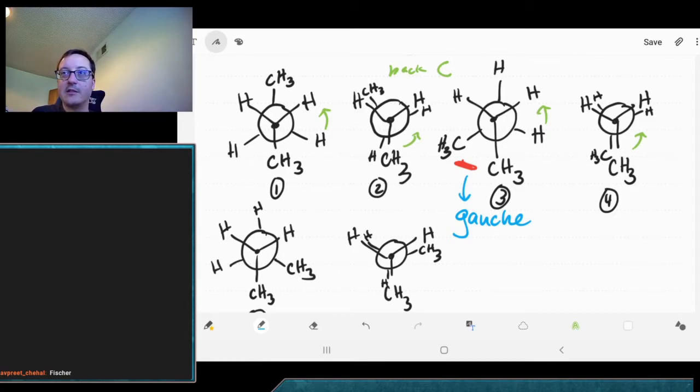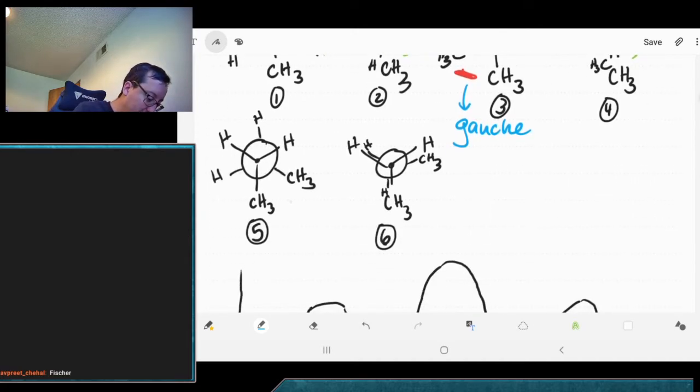I don't really understand the relationship of gauche to molecules like this, but that's where the word comes from. So these are interactions that are not as bad as eclipsed ones are, but they're not as good as fully, happily staggered ones. And so these are what 3 and 5 would be. 5 would also be gauche.